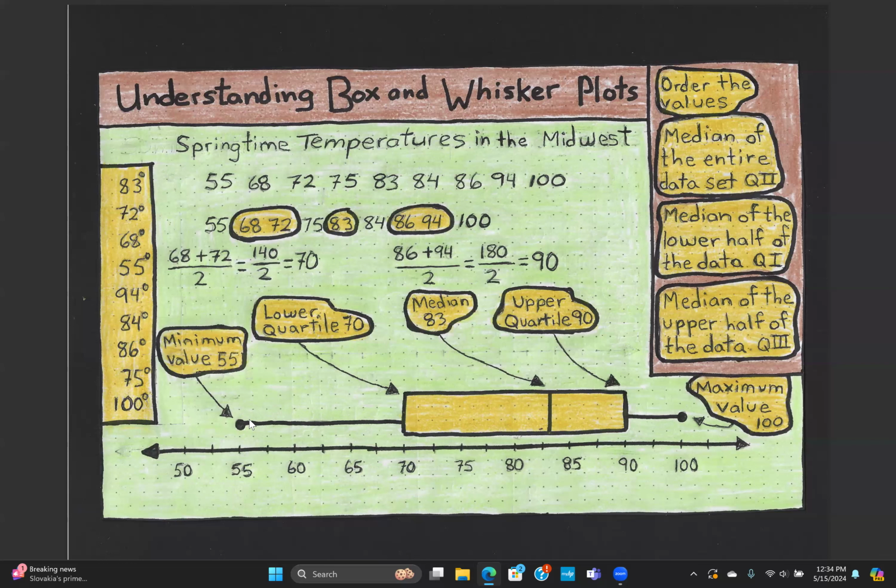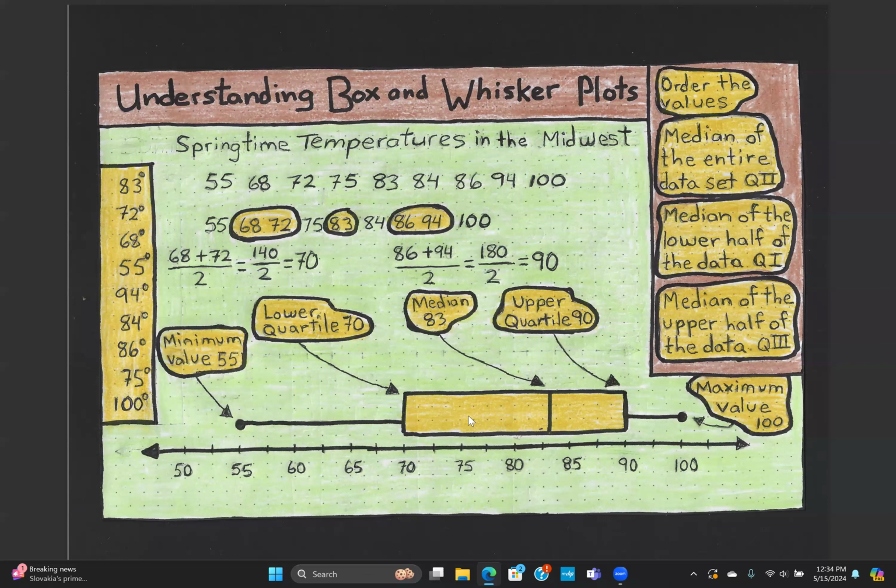Now, right here, 55 is a little extreme. It's a little bit on the cold side, given that our whisker is a little bit longer than the whisker that connects the interquartile range to 100, which means that these sets of data, these temperatures right here are kind of approaching more toward 100 as we get closer to summer.